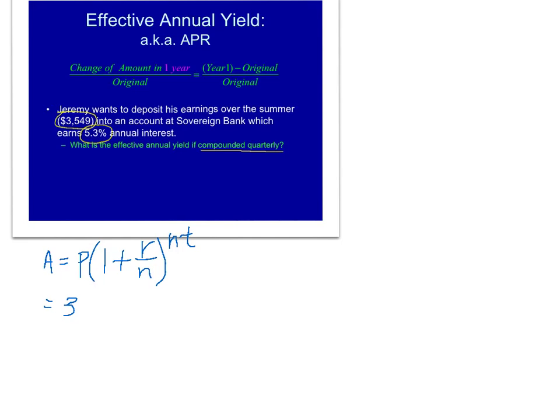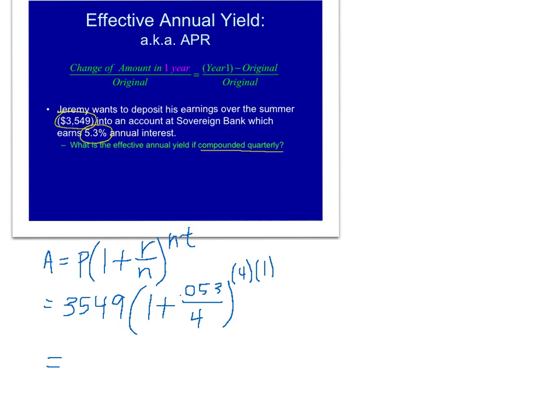So our principal amount is $3,549. Then we have 1 plus, our interest rate is 5.3%, so we'll write that as 0.053. It's being compounded quarterly again, so our N value is 4. And then up here we have 4 for N, and since we're dealing with effective annual yield, we want to figure that out for 1 year, so that's all we need for that.